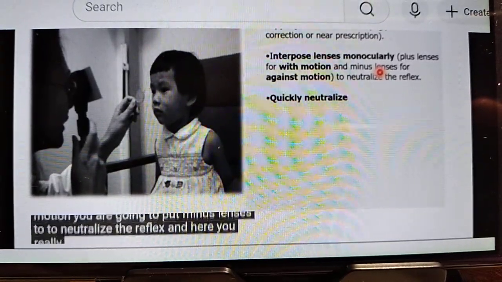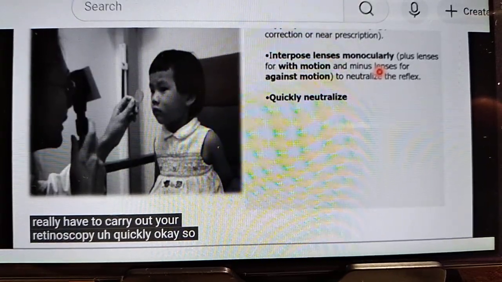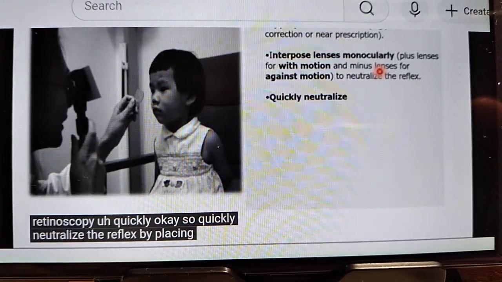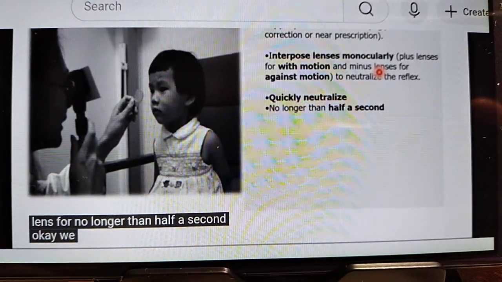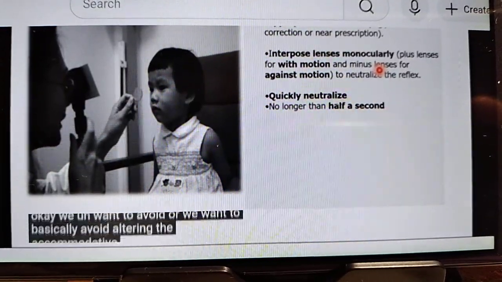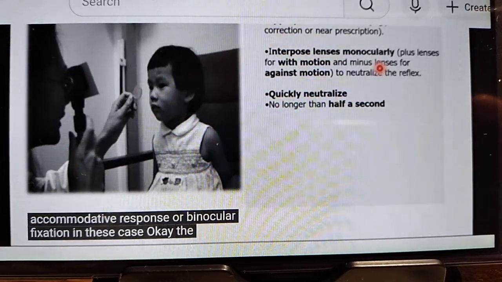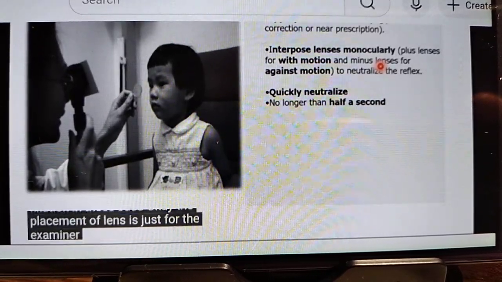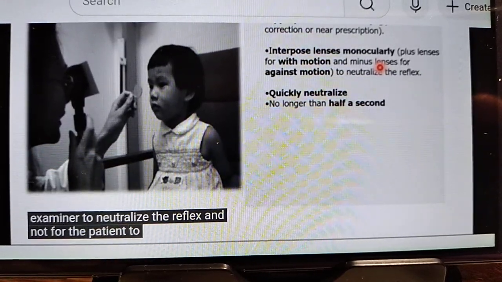And here you really have to carry out your retinoscopy quickly. So quickly neutralize the reflex by placing the lens for no longer than half a second. We want to avoid altering the accommodative response or binocular fixation in these cases. The placement of the lens is just for the examiner to neutralize the reflex and not for the patient to get used to that lens.